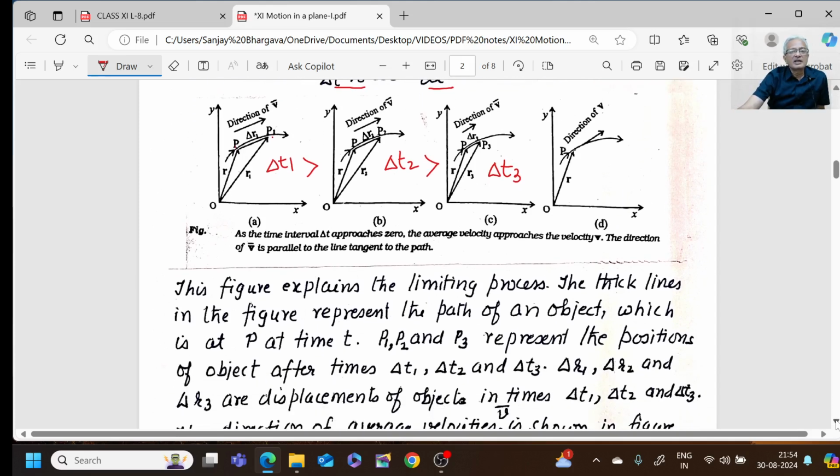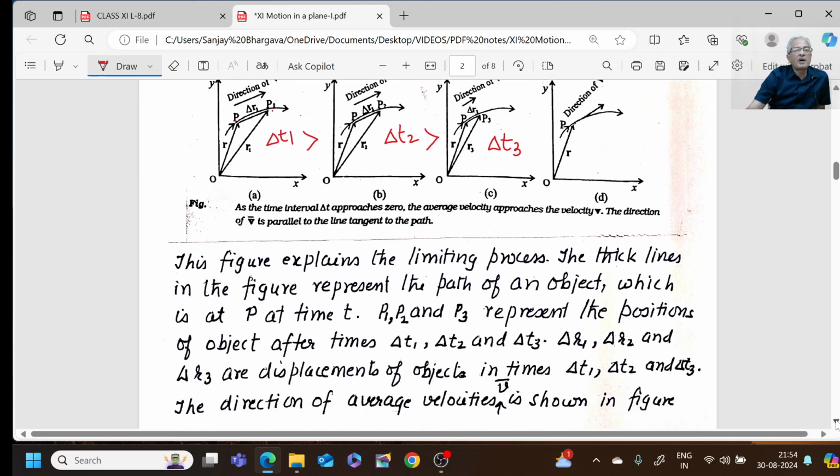The thick lines in the figure represent the path of an object which is at the point P at the time t. P1, P2 and P3 represent the positions of the object after the time delta t1, delta t2 and delta t3. So this is the point P1, this is point P2 and this is point P3.